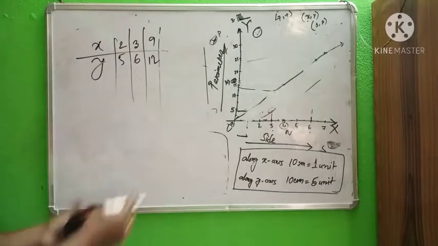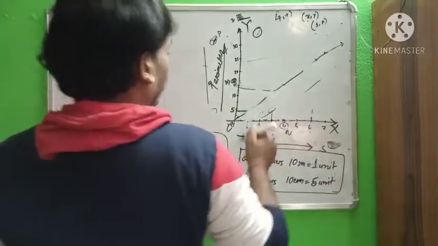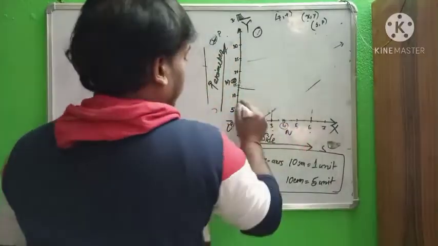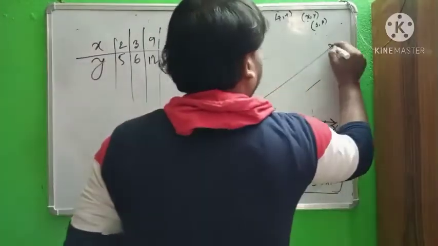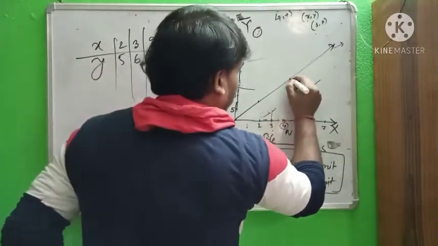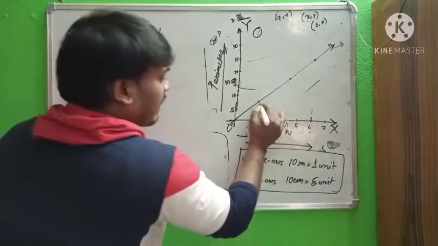So from the graph one graph is given, and one line is given. The question is find the equation of the line. 3 points are given there. From the graph we can easily find the points.